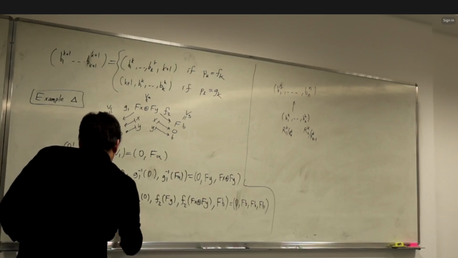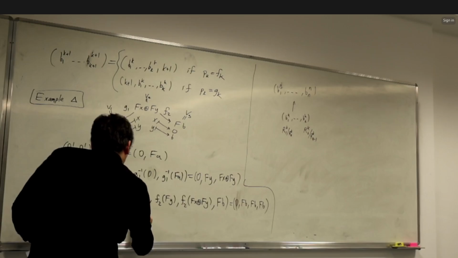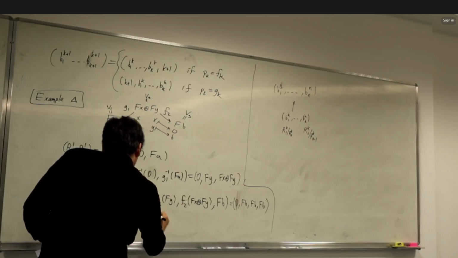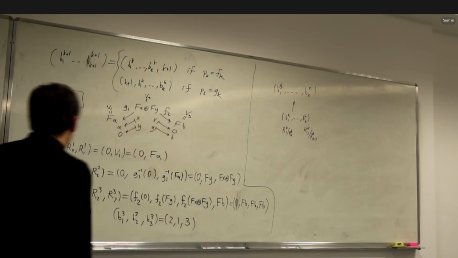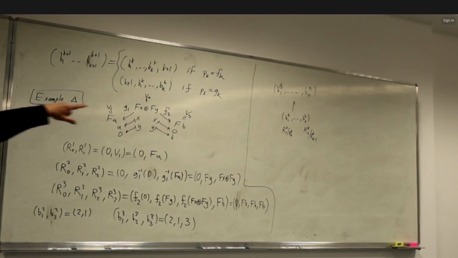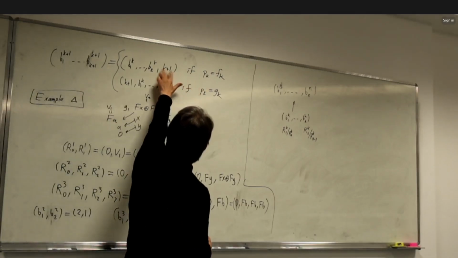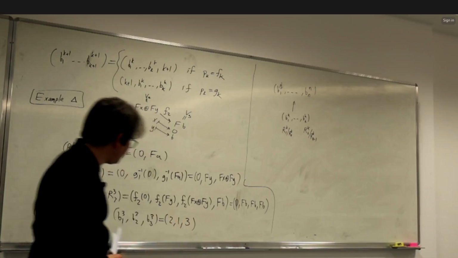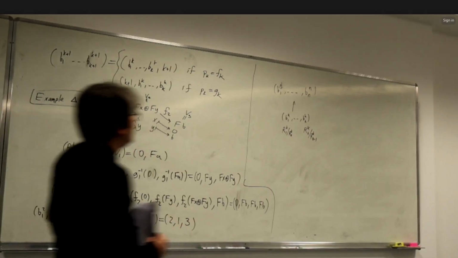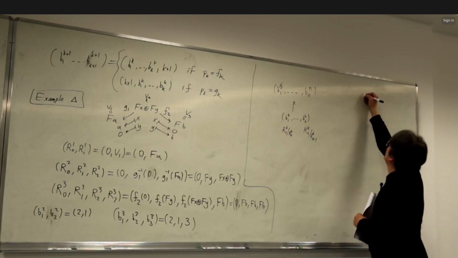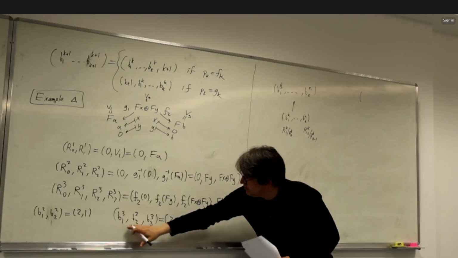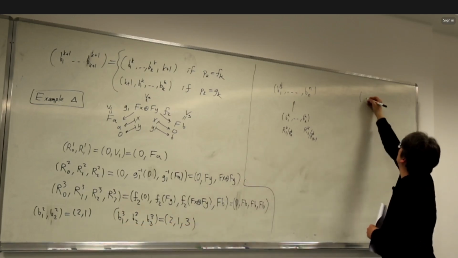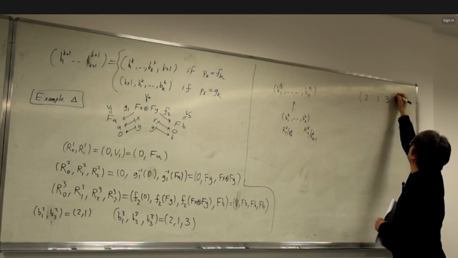And b31, b23, B33 is 213, because the next map is a F and you put K plus 1 over here, so you put 3 here. Okay, so now you have the last thing is B13, B23, B33, so you put 213.